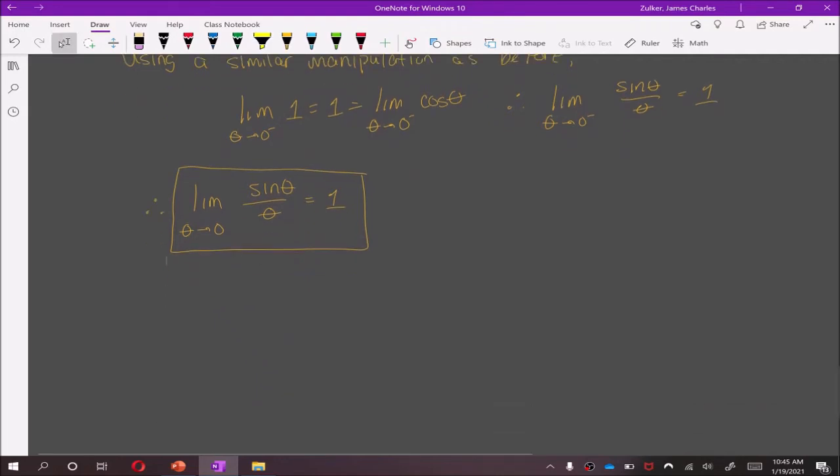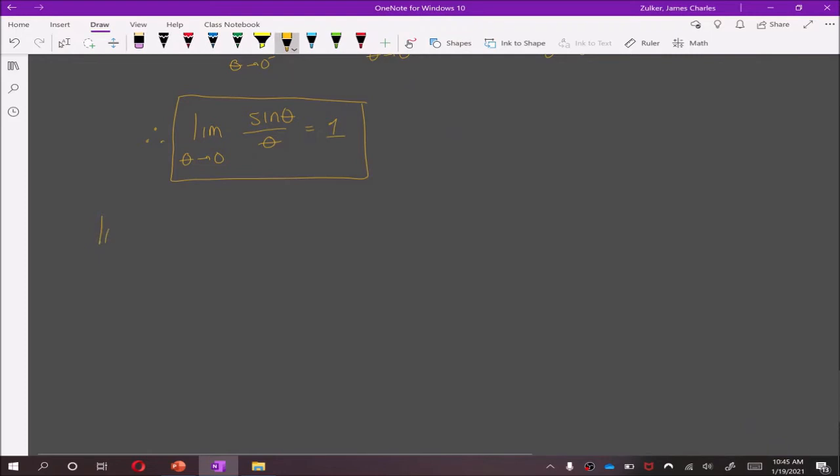Now we wish to look at this limit. We're going to do a little bit of work first. Let's take a look. And let's do conjugation. So we're going to multiply numerator and denominator by 1 plus cosine of theta.